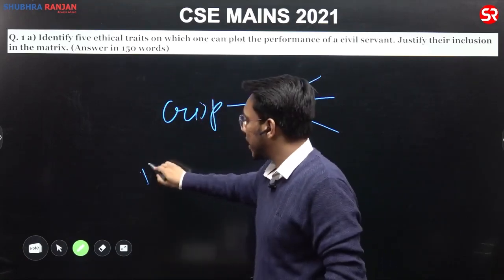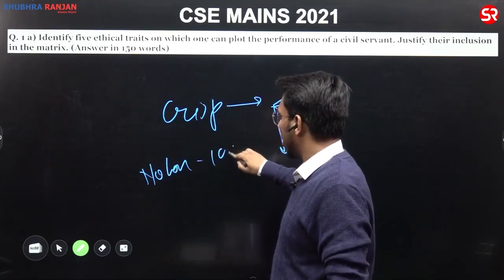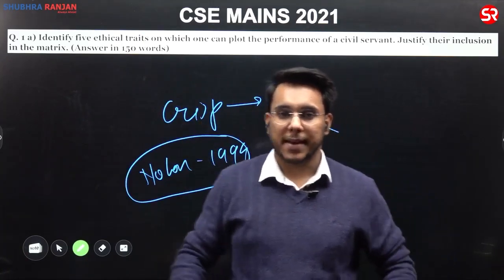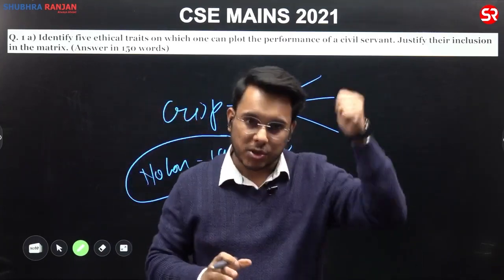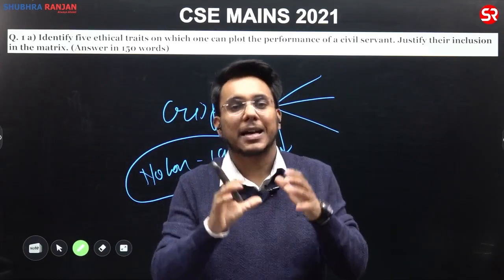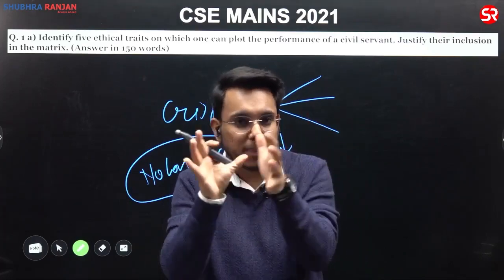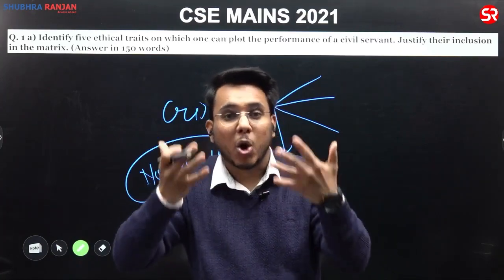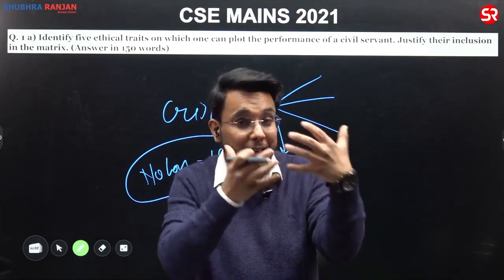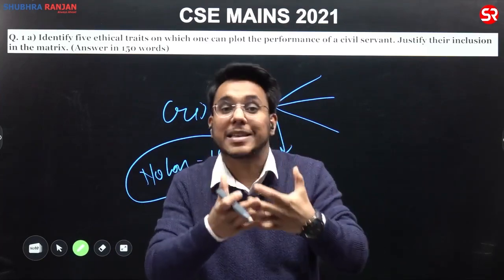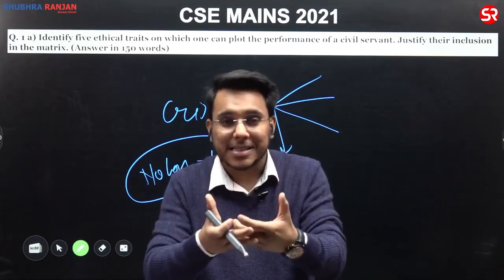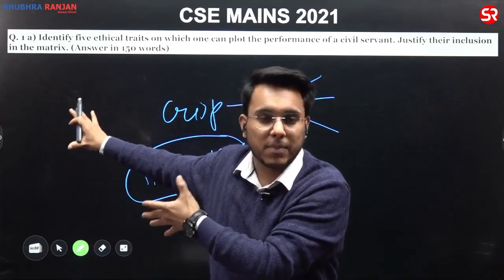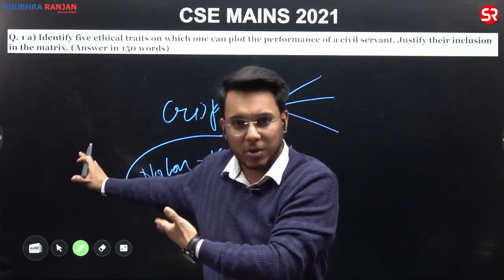For example, the Nolan Committee of 1994 provided that the major crises in governance and public administration are not because of structural problems, but because of the non-inculcation of ethical values and the lack of ethical traits in civil servants. So if ethical traits are there, structural integrity and robustness can be brought into the civil services.